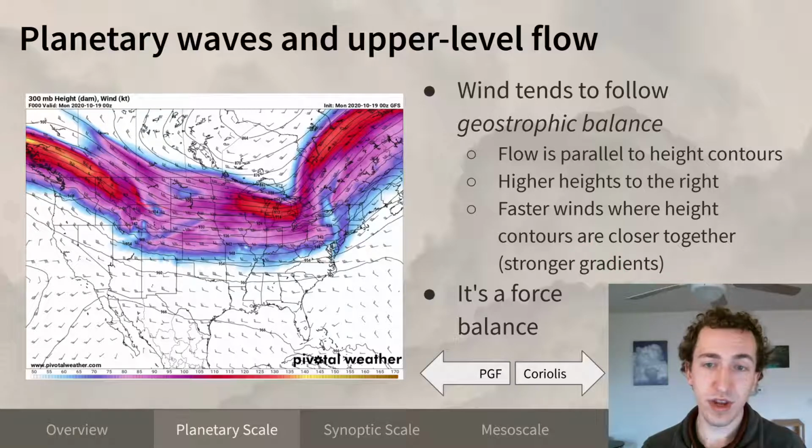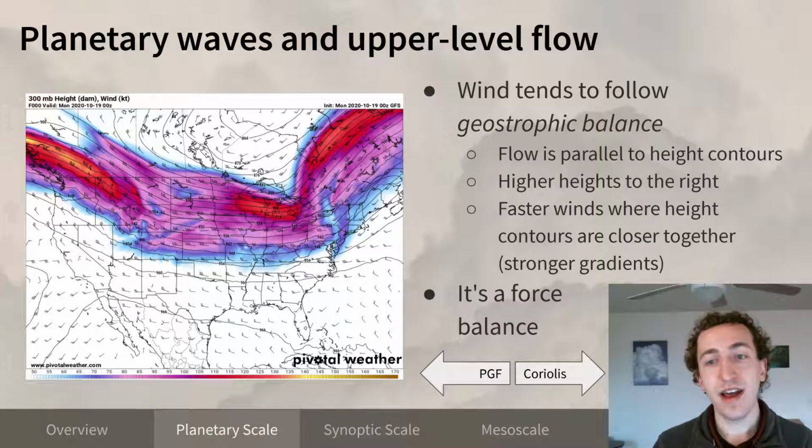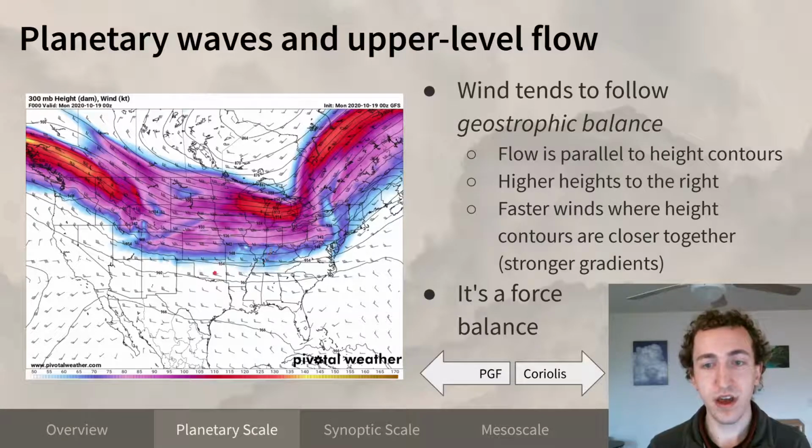So if you see all these wind barbs, they are following the direction of these solid lines, which are the height contours, that higher heights tend to be to the right. So in this case, that's, if we look over, say, the central US, our higher height values are to the south and our lower ones are to the north.